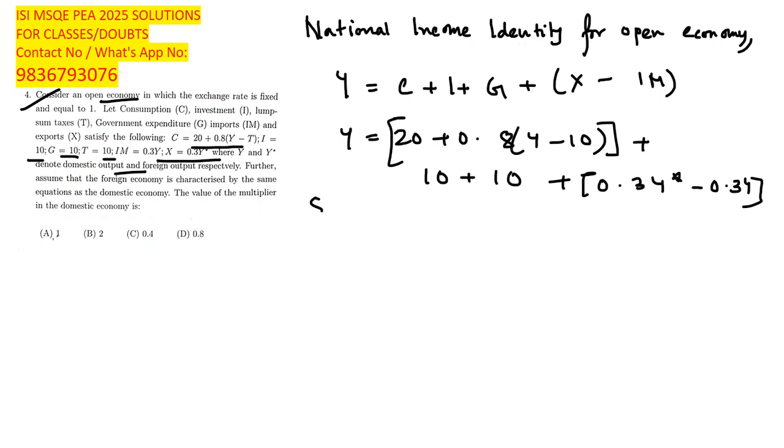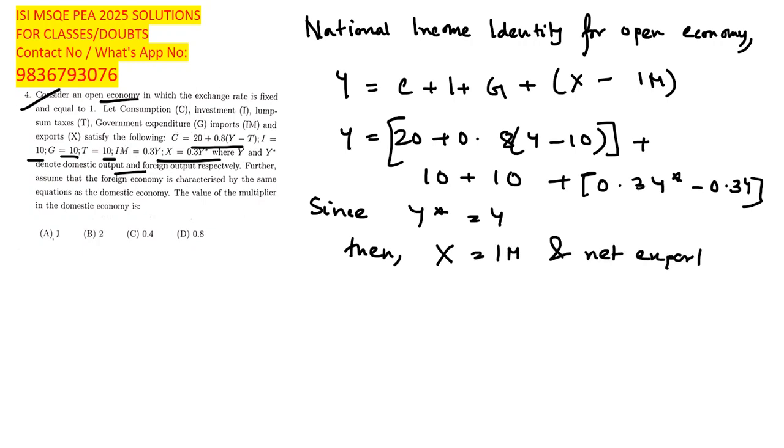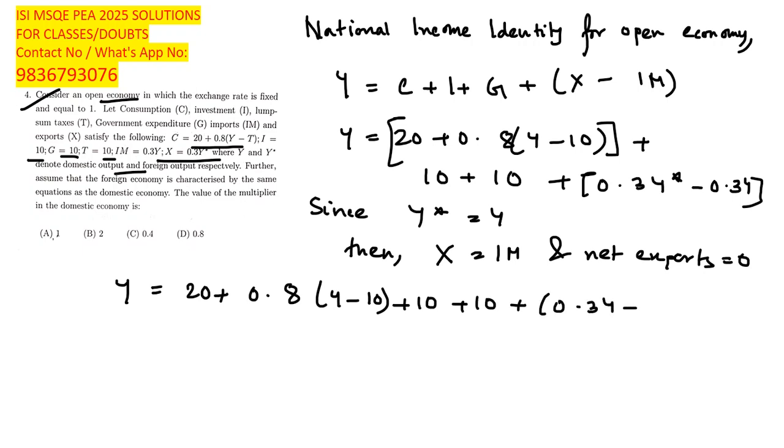So now we know that since Y star is equal to Y, X will be this one and my net exports will be 0. So Y is equal to 20 plus 0.8 (Y minus 10) plus 10 plus 10 plus 0.3Y minus 0.3Y, or Y is equal to 20 plus 0.8 (Y minus 10) plus 10 plus 10.